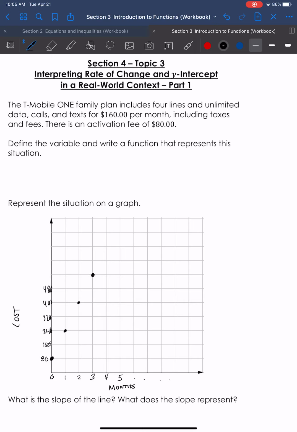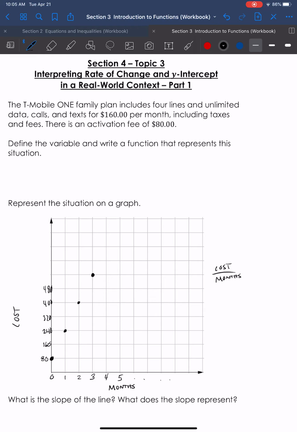So we've graphed the line. Let's talk about what is the slope of the line. Well, the slope of the line is the amount of change in our dependent variable, which is cost. So how much does cost go up each time that our independent variable, months, goes up by 1?